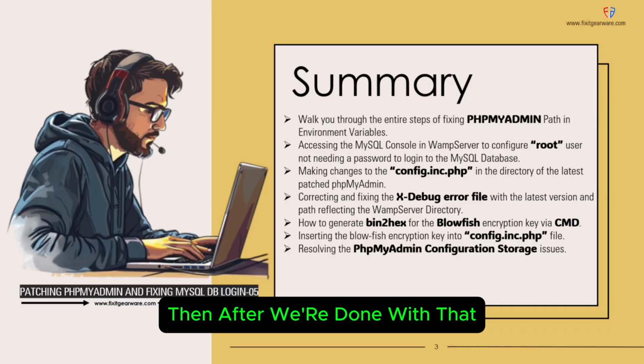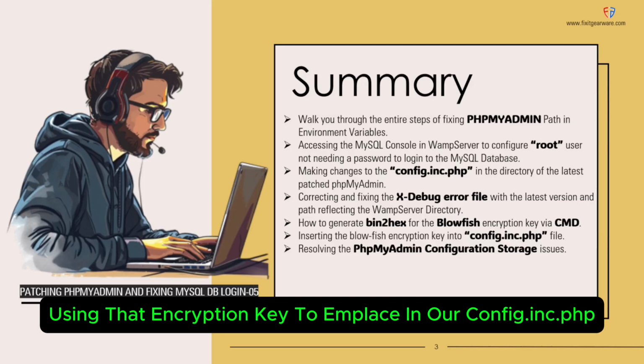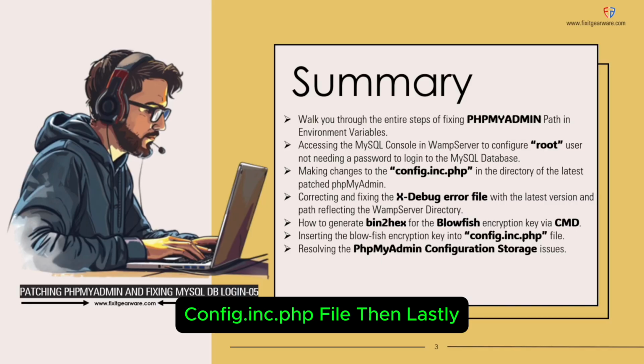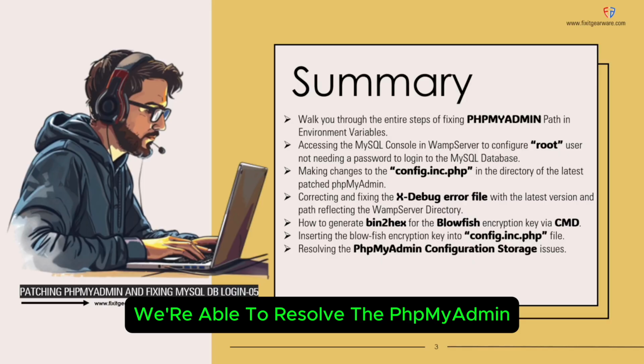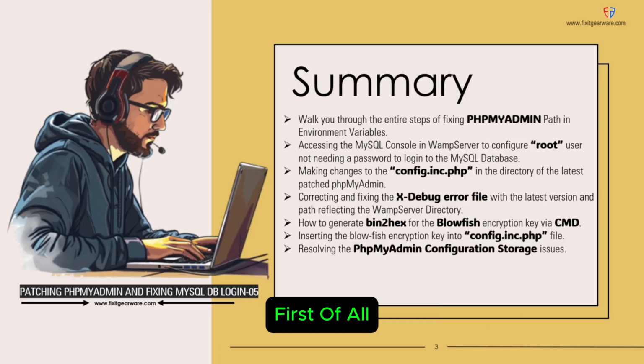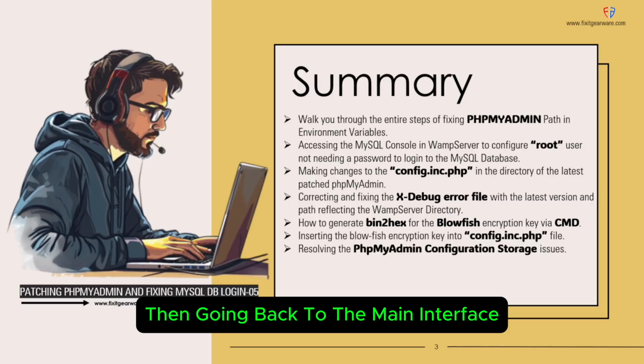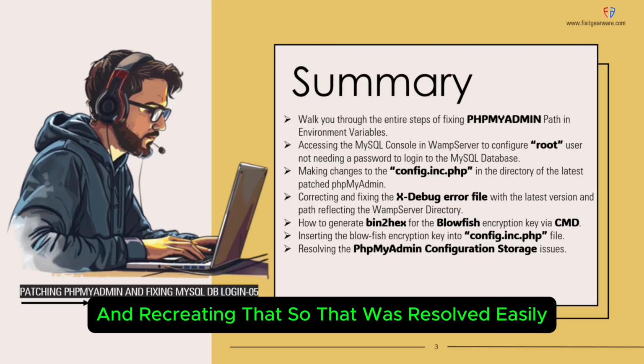Then after we're done with that, we're also able to demonstrate how you can generate the bin to hex for the Blowfish encryption, and of course using that encryption key to template in our config.inc.php file. Then lastly, we're able to resolve the phpMyAdmin configuration storage issues by first of all accessing the MySQL database to create it, then going back to the main interface and recreating that.